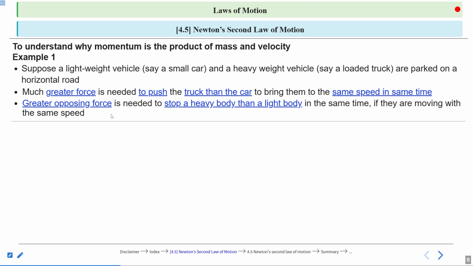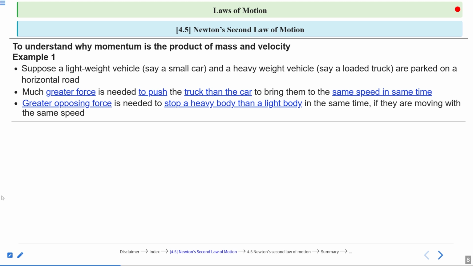And greater opposing force is needed to stop a heavy body than a light body. Yes or no? Yes. To stop a heavy body, we need a large, greater opposing force, whereas to stop a lightweight body, we need a small force. It means force depends on mass.